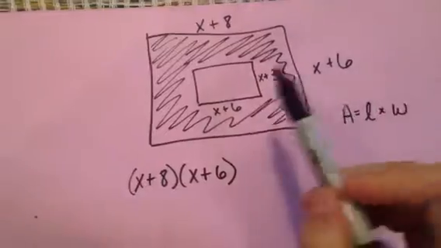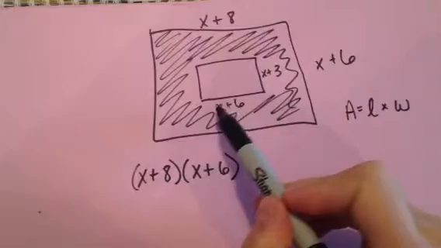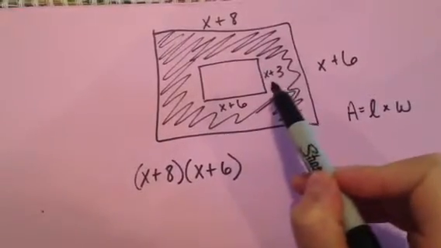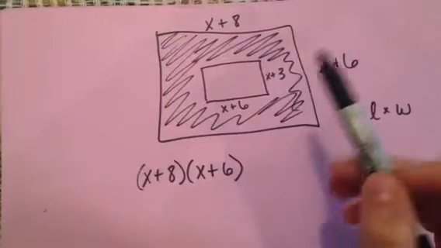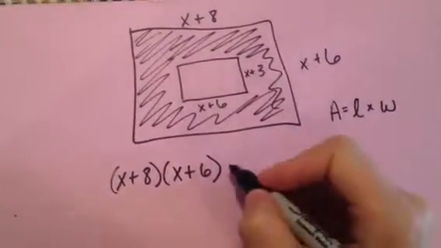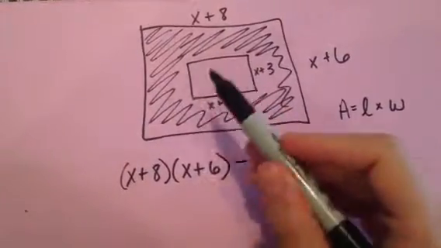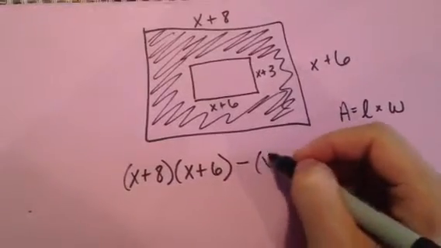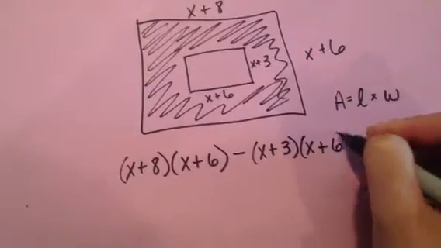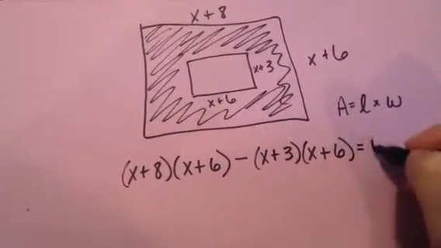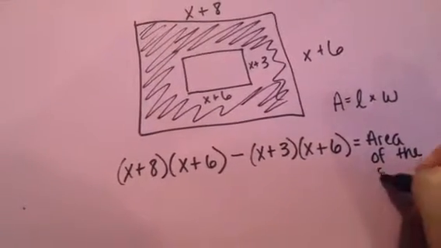However, they also give me this white box here in the middle that has a length of x plus 6 and a width of x plus 3 that I need to take out of that or cut out of that shape if I want to think of it that way. So if I'm taking it out of it, I'm going to be subtracting it. So I'm going to subtract the area of this smaller rectangle, so x plus 3 times x plus 6. And that is going to give me the area of the shaded region.